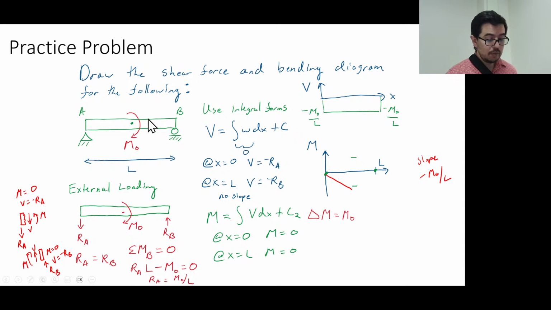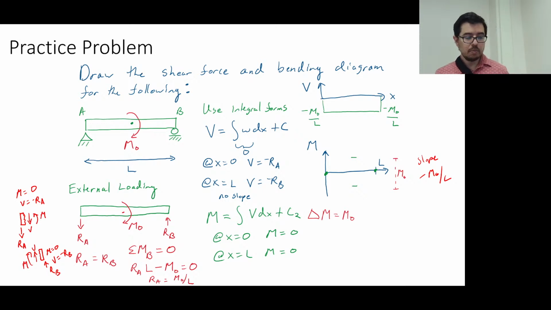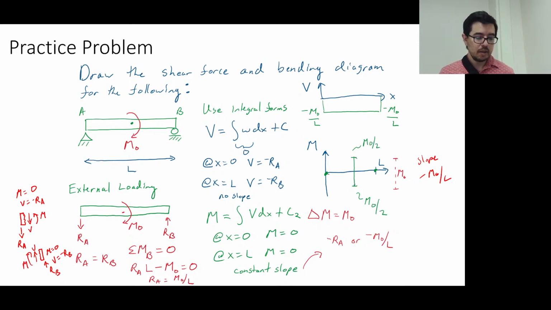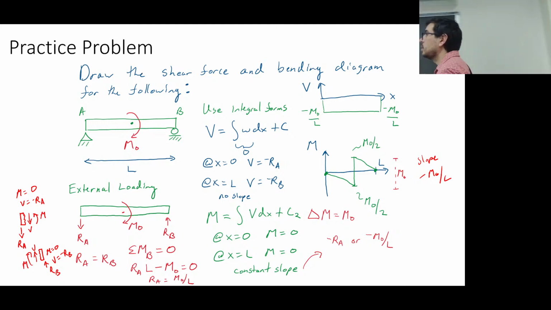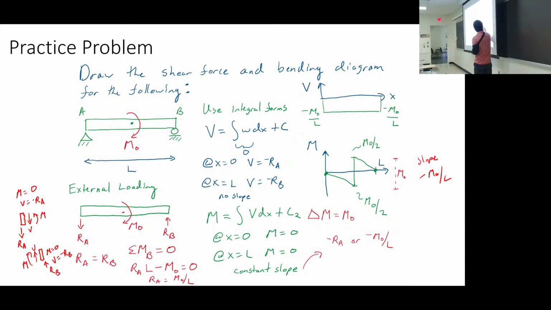But we also know that we have this applied moment, and this is negative, which means a positive jump in delta M. We know that it jumps M naught, and we know it has a constant slope like this, and we know we have a jump, and so this is what happens. The jump happens at the midpoint like that, and both of these have slope minus M naught over L.